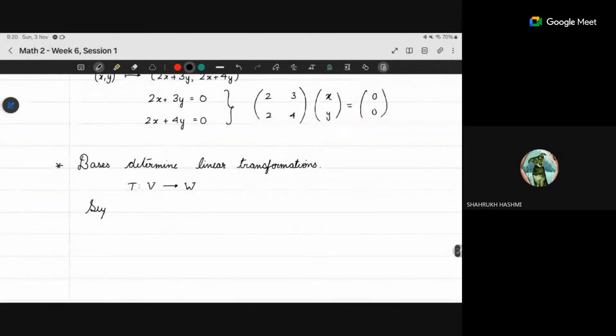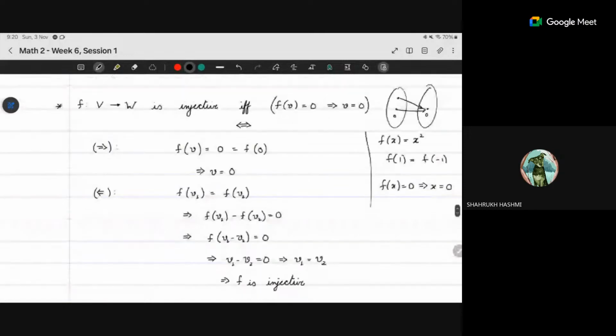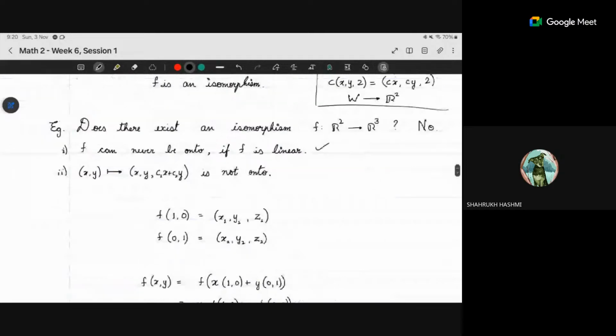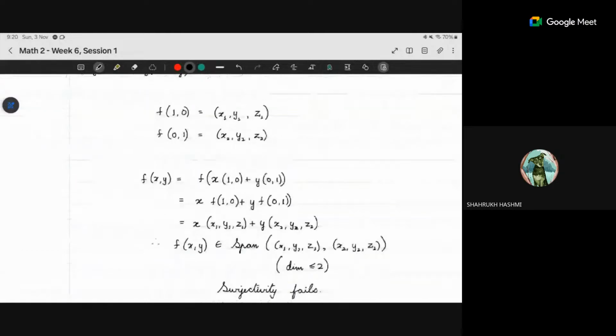So suppose V1, V2, Vn, and this is something that we've already seen actually. So in these examples, in this one, for example, we saw that f of (1, 0) is something, f of (0, 1) is something, then the general f of (x, y) is given in terms of the images of (1, 0) and (0, 1).